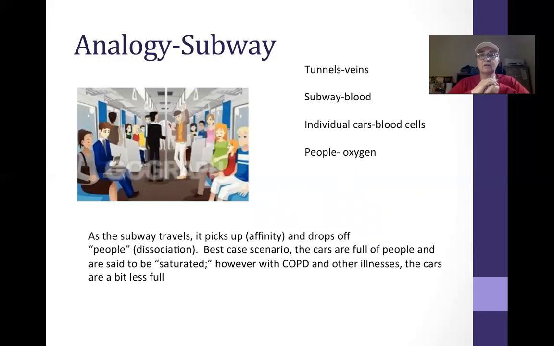Think of the entire subway train as the blood, and the individual cars as blood cells, and then think of the people as oxygen. The goal is to put people on and off of that car to get oxygen in and out. As the subway travels, it will pick up people, and that's called affinity, and then it'll drop off people. When we drop off, the term is dissociation.